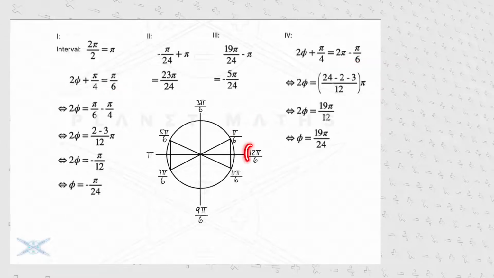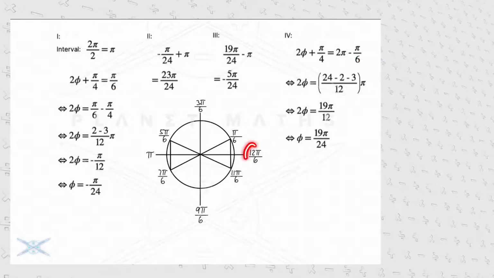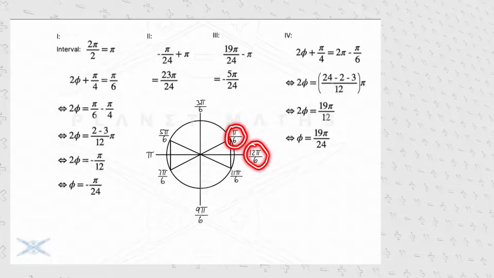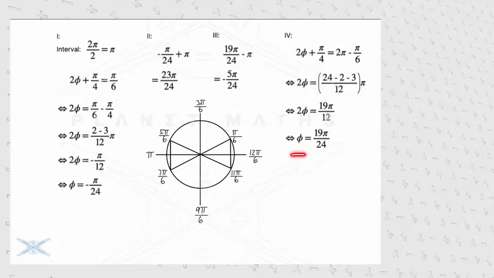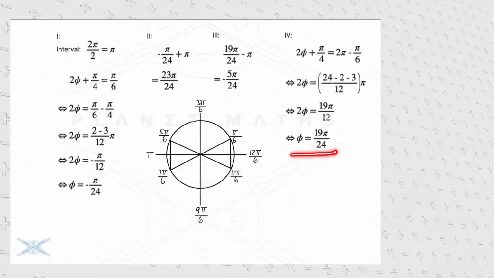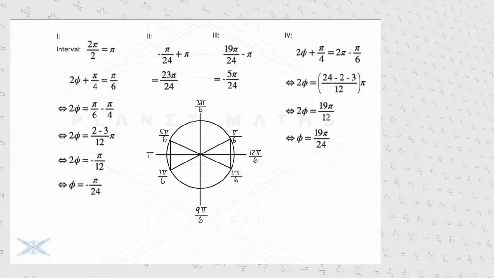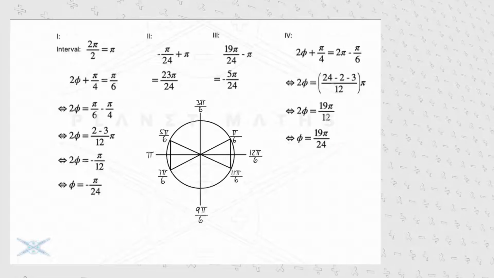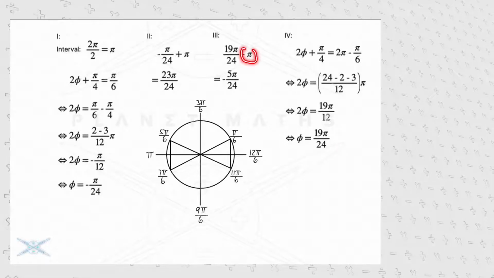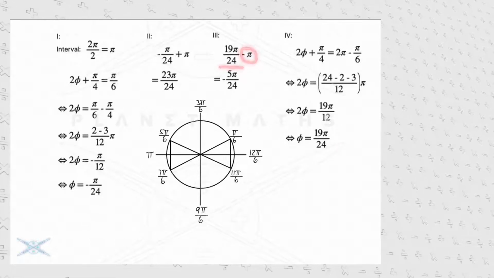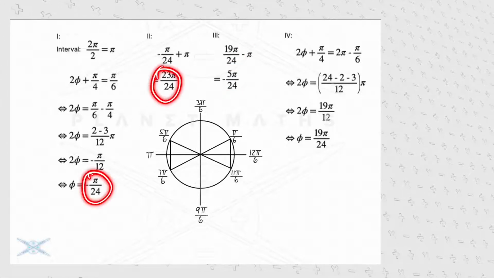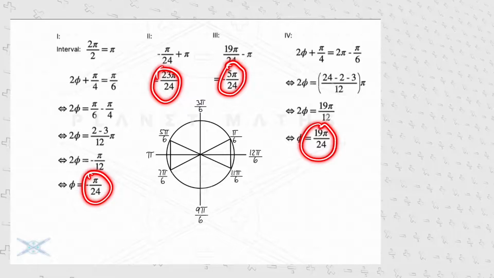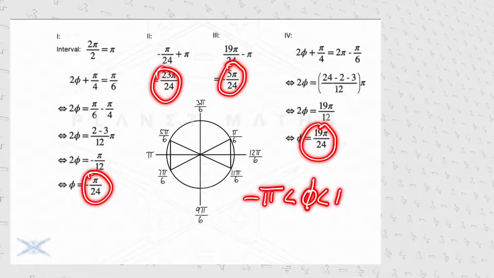So in this case 2 pi minus pi over 6 will get us 11 pi over 6. Rearranging this equation for phi will deliver us the value 19 pi over 24, and we can find our final solution by subtracting pi from 19 pi over 24, which is negative 5 pi over 24. All of those values are, as required, within the interval of negative pi and positive pi.